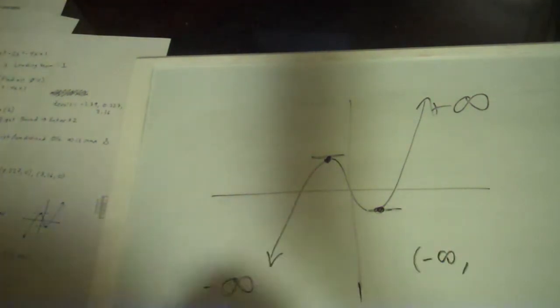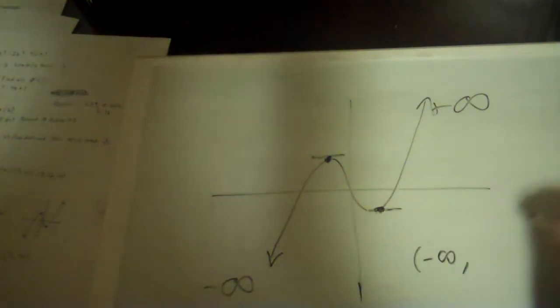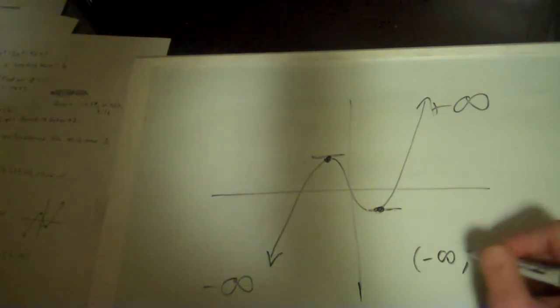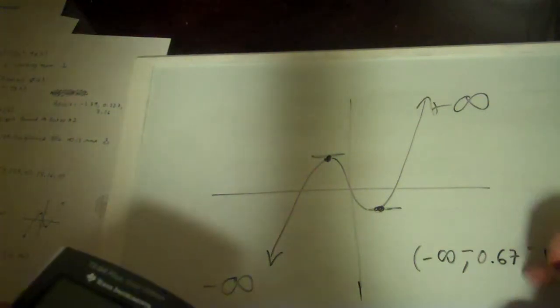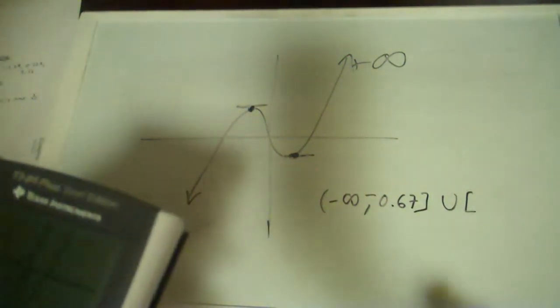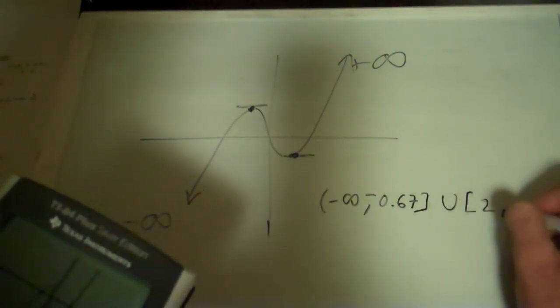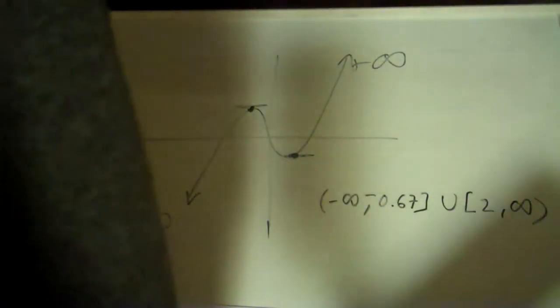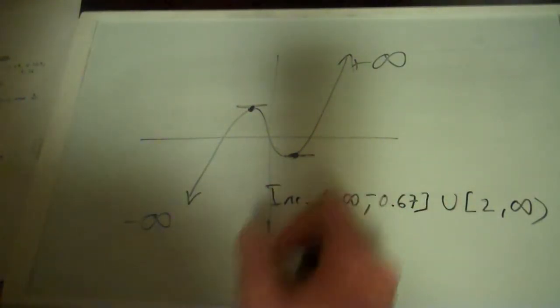Then we're going to take it up to that local maximum, which was at negative 0.67. We're going to union that, with a bracket because it's a defined value, with the local min, which was that 2, all the way up to positive infinity. And that's going to be increase.